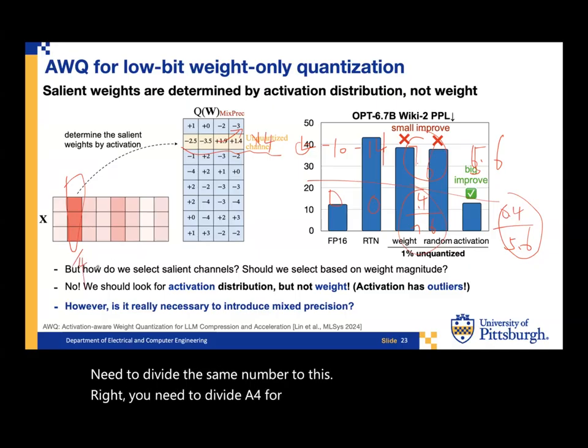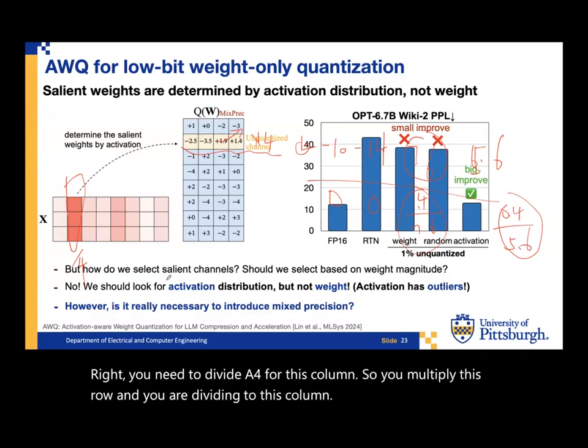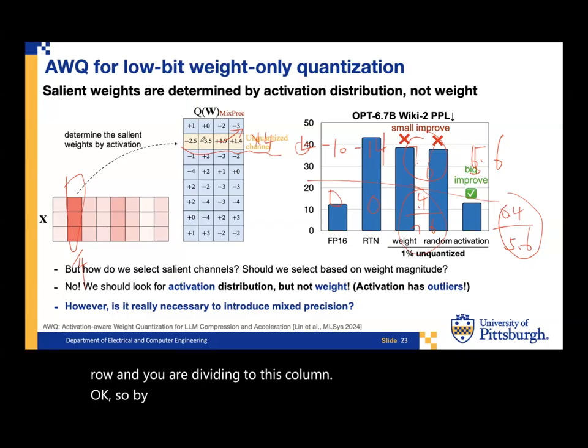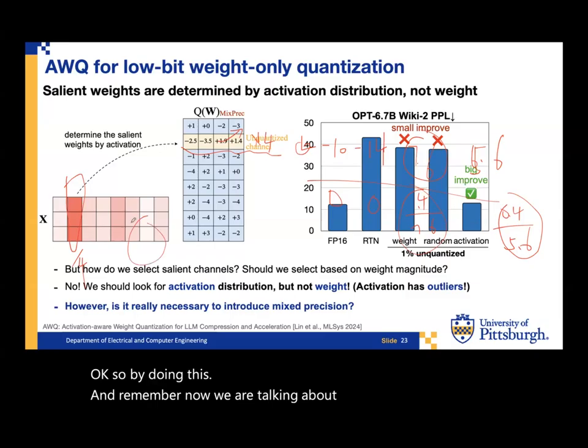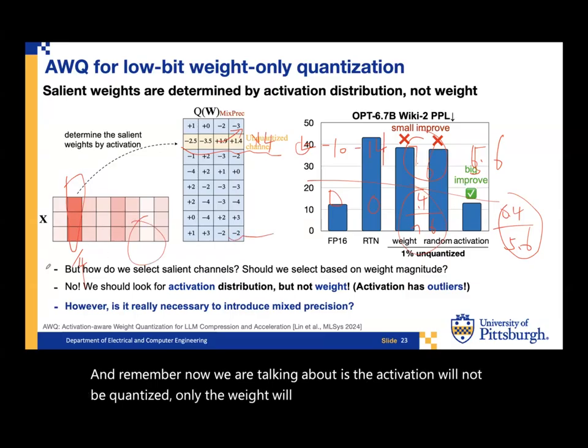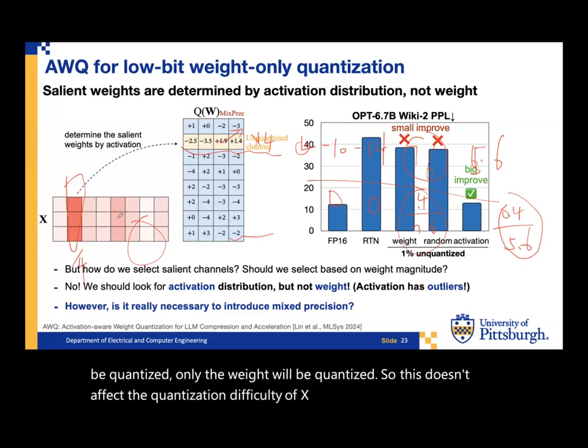So you multiply this row and you divide this column. Remember, what we are talking about is the activation will not be quantized. Only the weight will be quantized. So this doesn't affect the quantization difficulty of X at all, because we are not quantizing X.